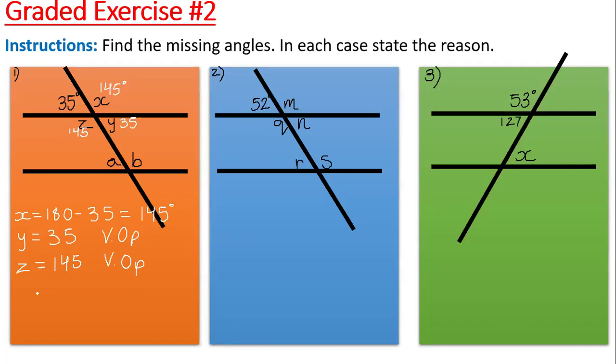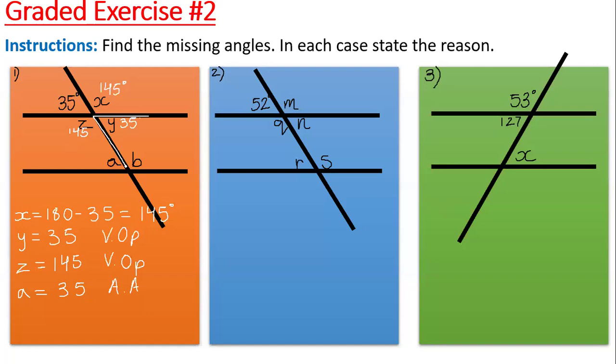Now we need A. No, let's do A first. A is equal to 35 degrees. Alternate angles are equal. A is equal to 35 degrees because what? Alternate angles are equal. Very good. And we know because it forms a what?